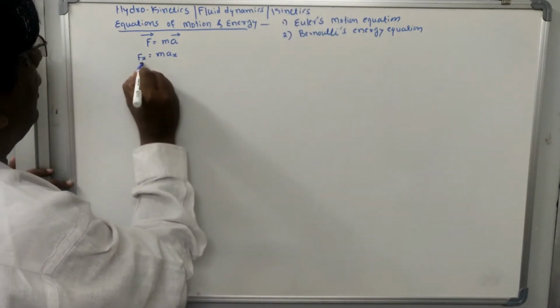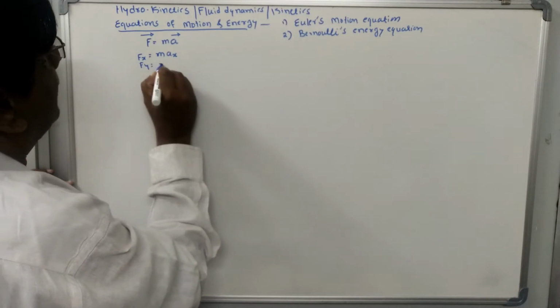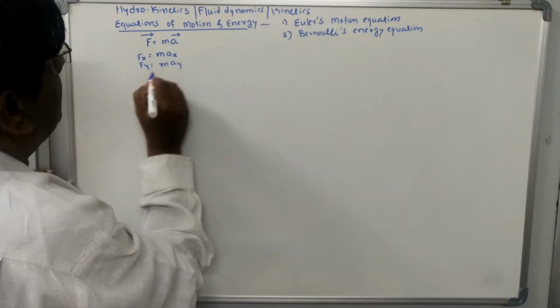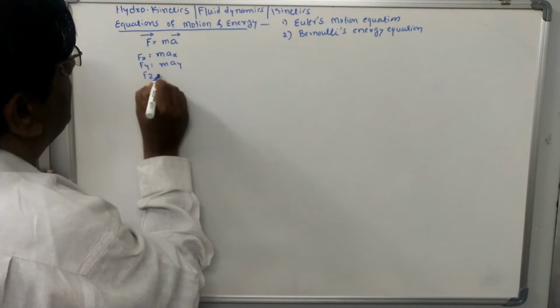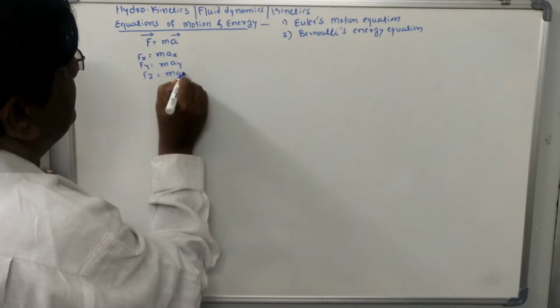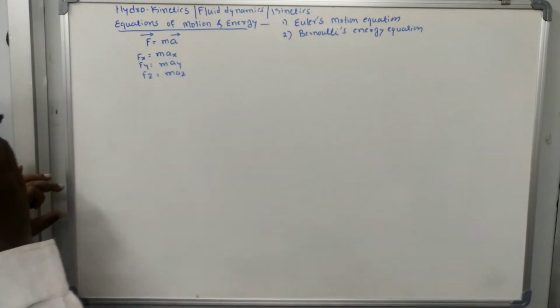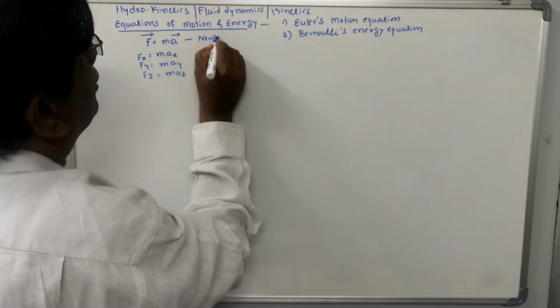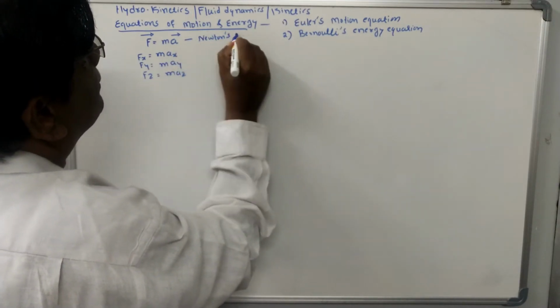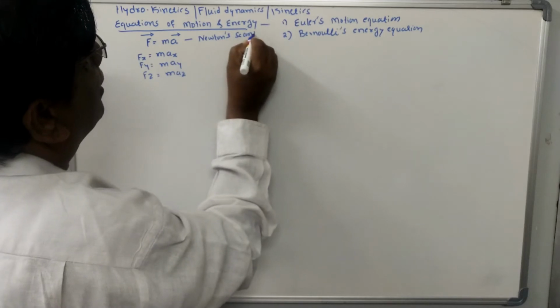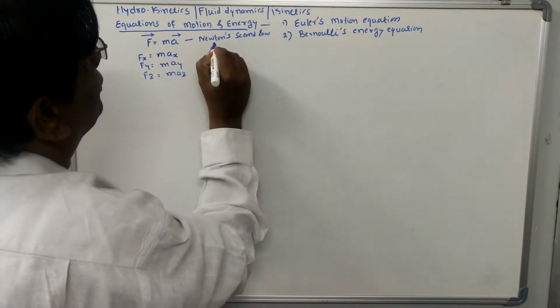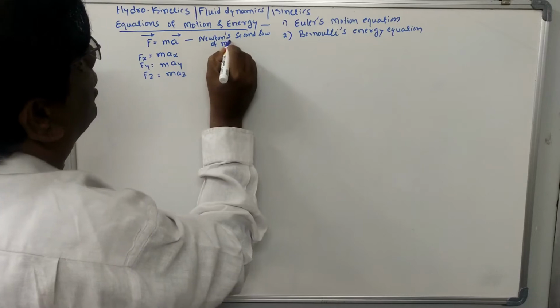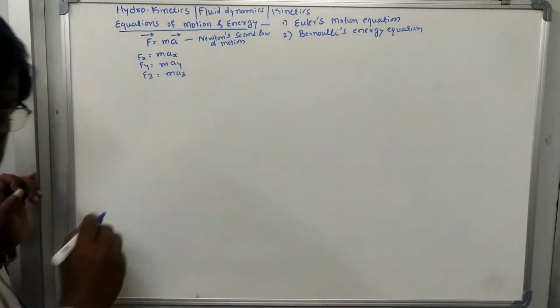Fy is equal to m into ay, Fz is equal to m into az. This is as per Newton's second law of motion.